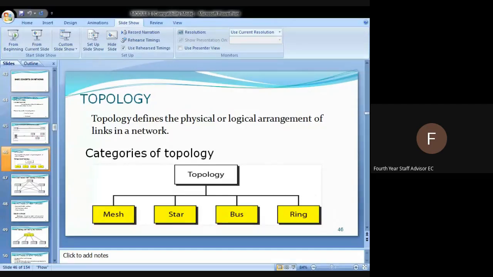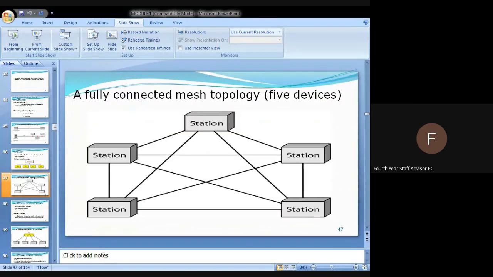Now, what about the mesh topology? There is a diagram that shows a mesh topology with 5 devices. Now, what you can see in this, you can have 5 devices, and between each 2 stations you are having a dedicated point-to-point link, right?